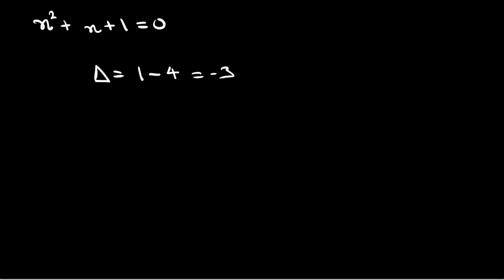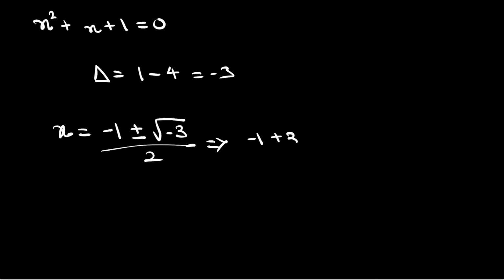Delta is minus 3 in this case. Now when we put this in our formula, this becomes minus 1 plus minus under root minus 3 by 2. Now this gives me two different roots, which are minus 1 plus root 3i by 2, comma, minus 1 minus root 3i by 2, because under root minus 1 is i.